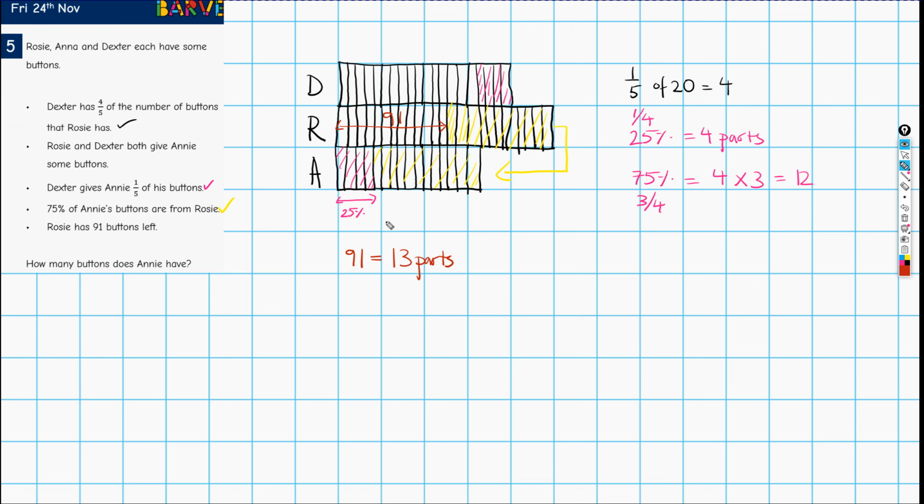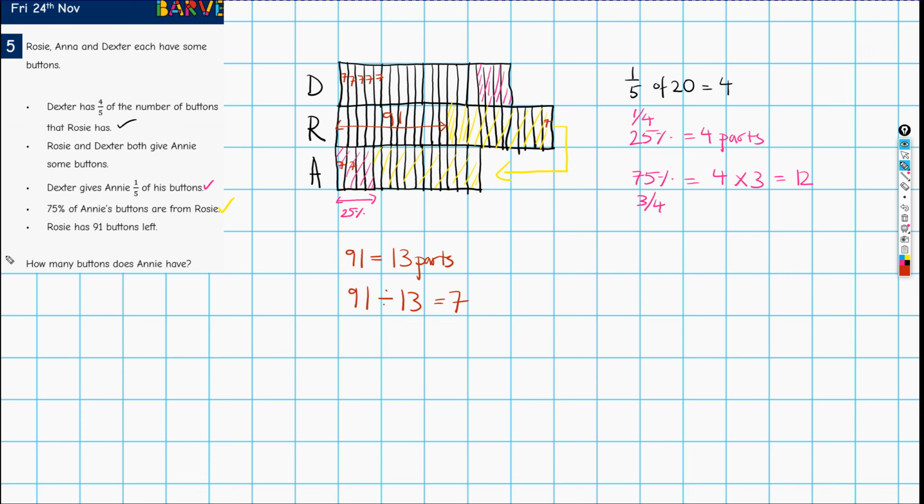So if we want to know the value of each part, we need to divide 91 by 13. And that gives us 7. So we now know that each of these parts has a value of 7. I'm not going to write them all in, but they all have a value of 7 because we were careful to keep all of the parts equivalent.